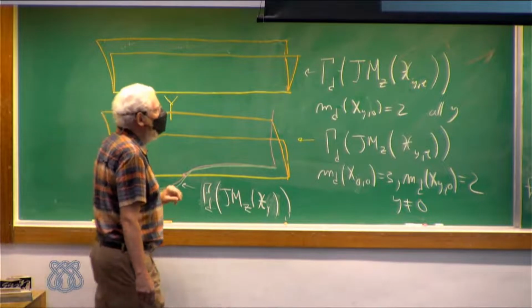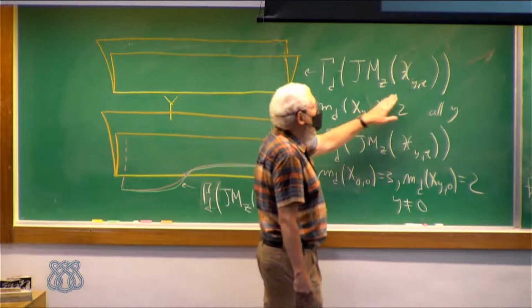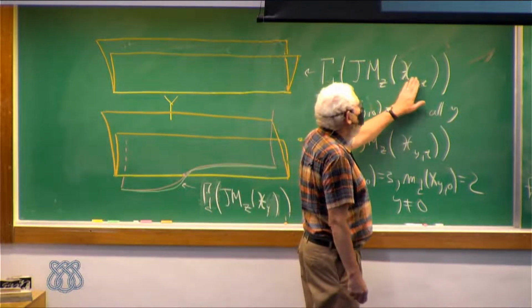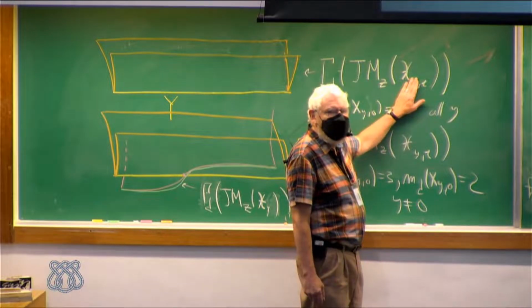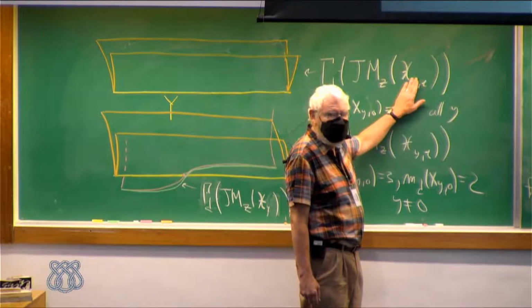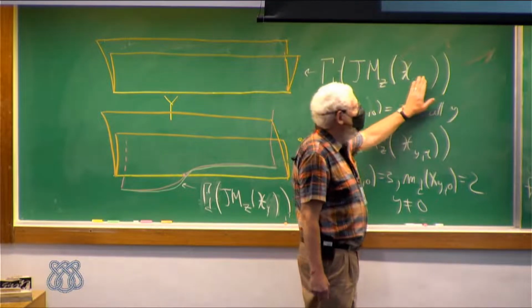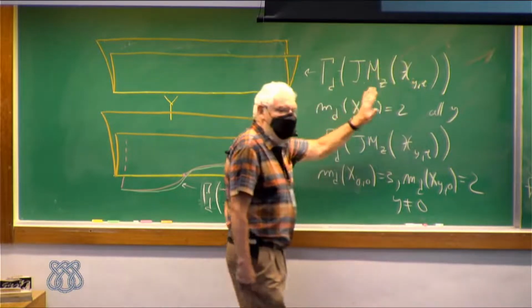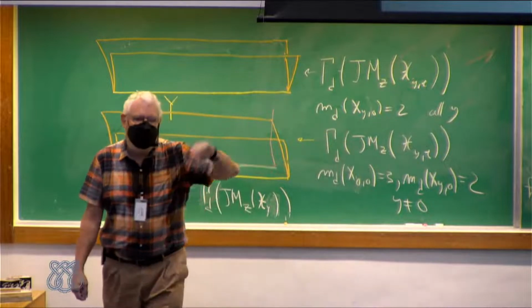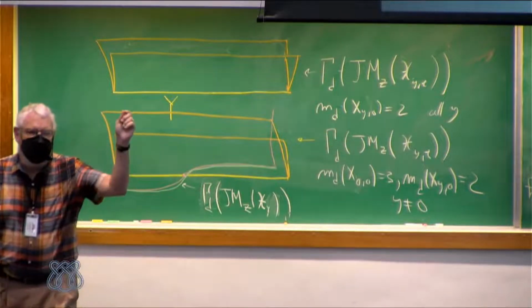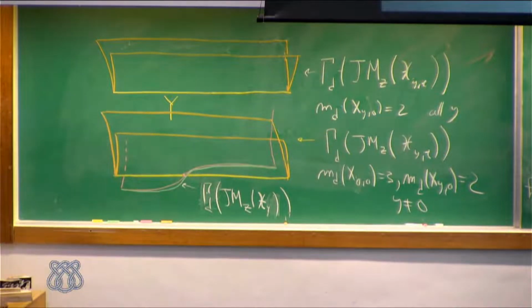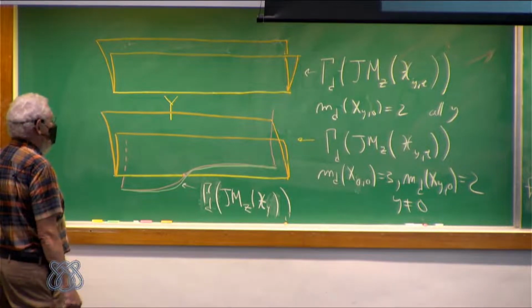So how do I get this two-parameter family? I know that for each x, I have a stabilization, and I have a family in y. So what I do is I build a two-parameter family, which gives me a stabilization of each xy.